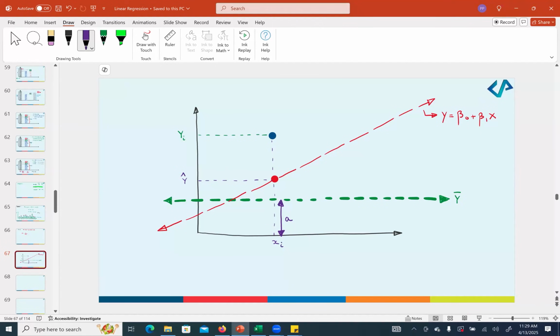So this much is your B. And this is my error, from here till here.